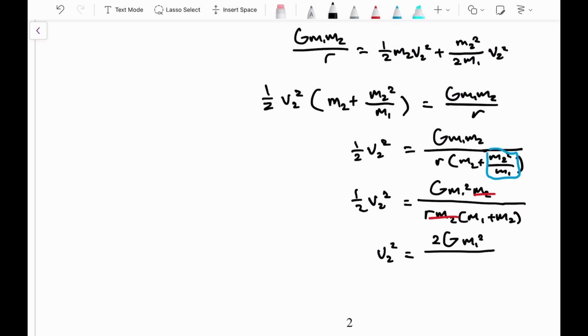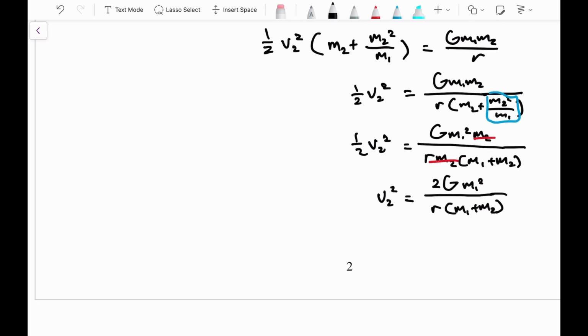So this is r times m1 plus m2, and then we got v2. So v2 is equal to the square root of this entire thing.